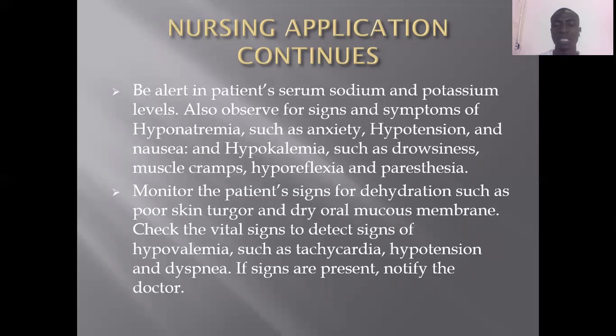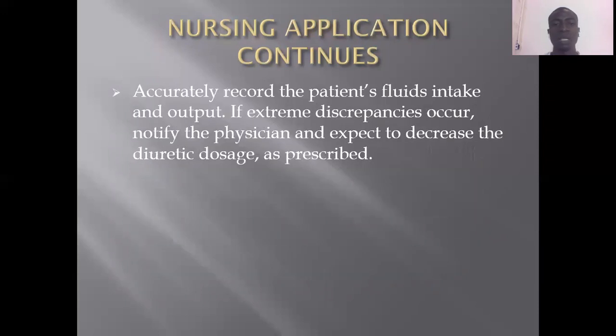Monitor the patient for signs of dehydration, such as poor skin turgor and dry oral mucous membranes. Check the vitals to detect any signs of hypovolemia, such as tachycardia and hypotension, and notify the doctor. Also record the patient's fluid intake and output.